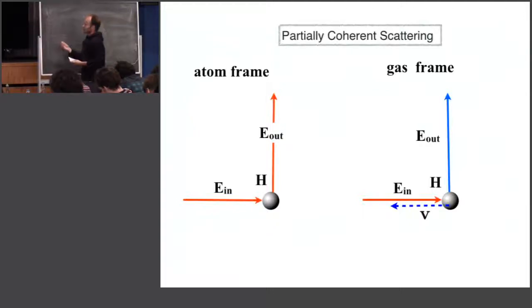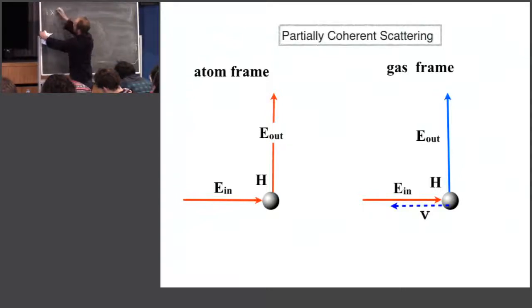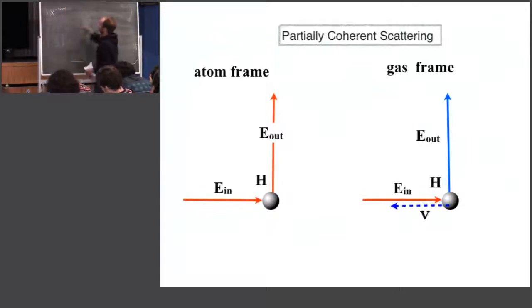Okay, so we always express the frequency of photons in this dimensionless unit x, right? So x, in the frame of the atom, we're going to call x atom. And it equals the frequency of the photon in the frame of the gas, modulo some Doppler boosting terms, right?